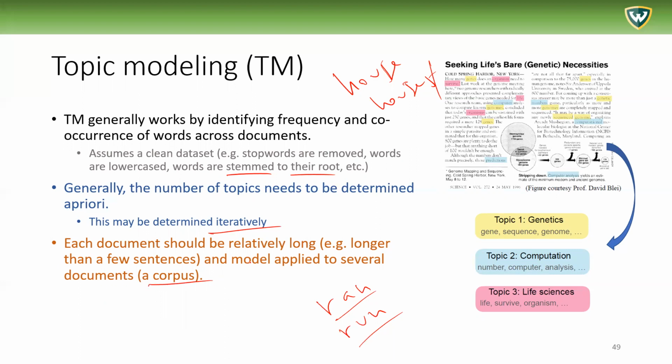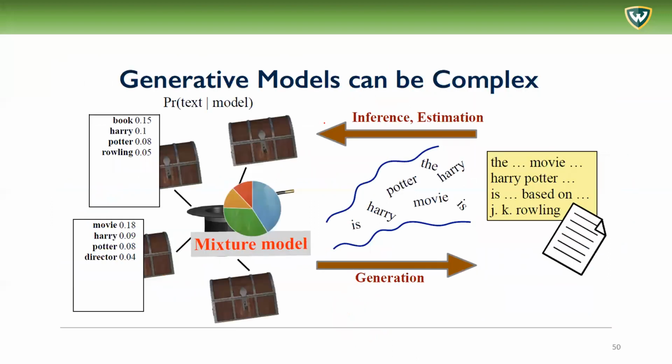A corpus is a set of documents. So each document should be relatively long. It works best with a scientific article or a news article, and works less well with a tweet, although those social media posts can work as well. And you have to have several documents. You have to have a corpus of documents to apply topic modeling.